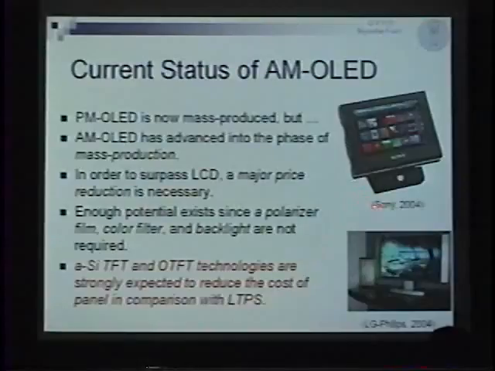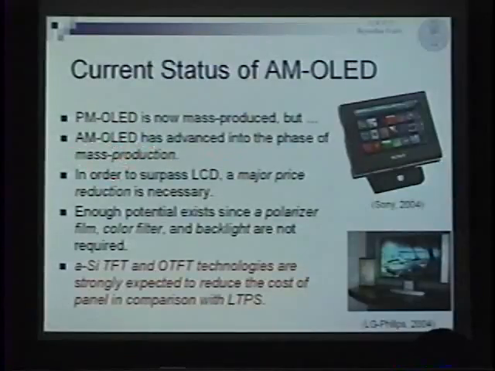Last year, Sony shipped to the market this type of PDA, and it mass-produced 2,000 sets per month. Everyone bought it, but now they stopped producing because no one buys it anymore.